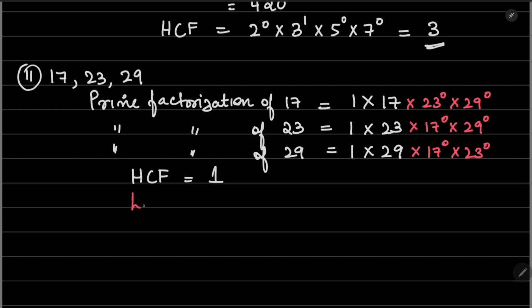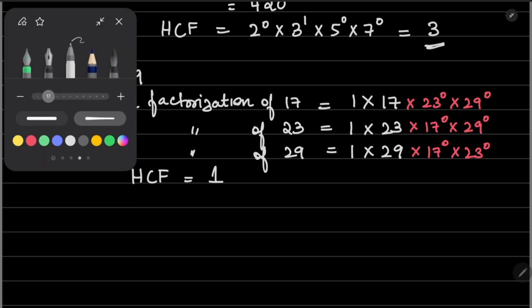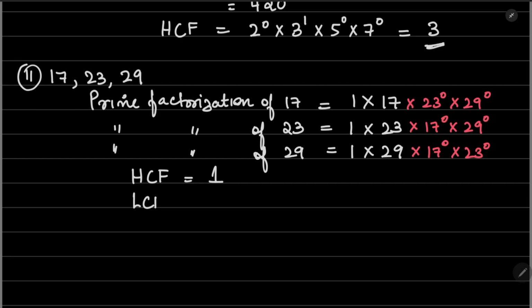And then what is the LCM? LCM is nothing but the highest power, so it is 17 multiplied by 23 multiplied by 29.